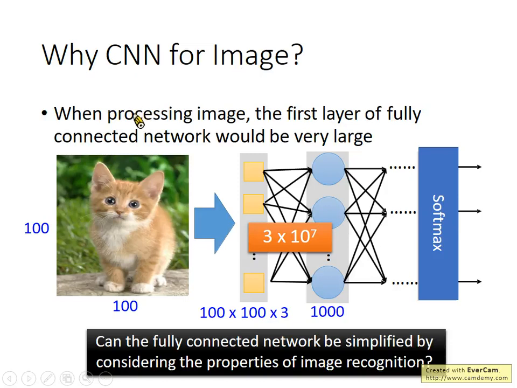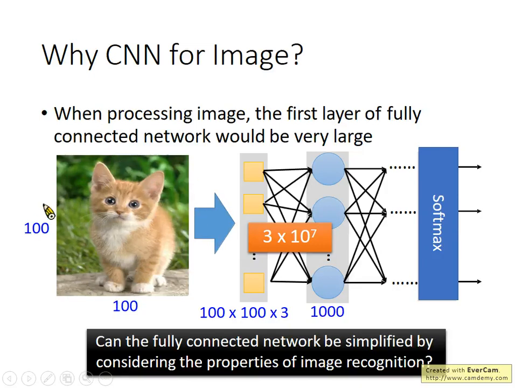Let's think about the problem. When processing an image, the first layer of a fully connected network would be very large. So if we use a fully connected network to describe an image, this is a problem. Assume the resolution of the input image is 100 by 100. How can we represent this image? Basically, we represent it by a 100 by 100 dimensional feature vector if the image is gray level.